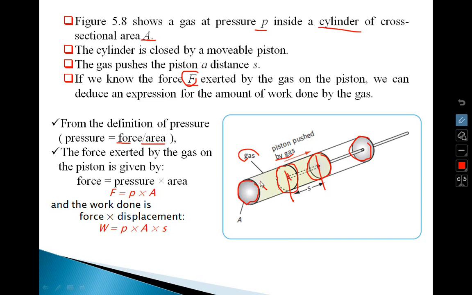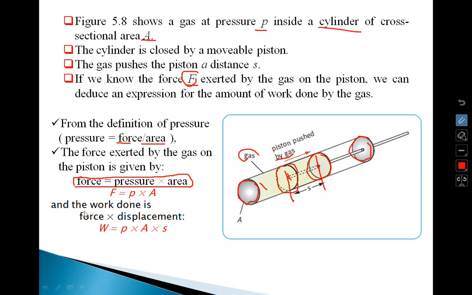The force exerted by the gas on the piston is given by pressure times area. So F is equal to P times A.